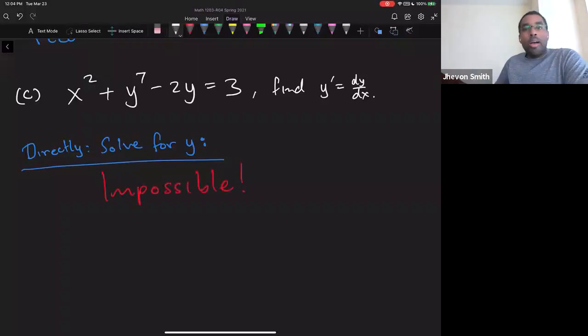Now, I want you to appreciate that is not hyperbole. When I say impossible, I don't mean it's really hard, or you need some higher level math to figure this out, or, you know, it would take a supercomputer to solve for it. I mean, it's literally impossible. There is a mathematician by the name of Galois, brilliant mathematician.